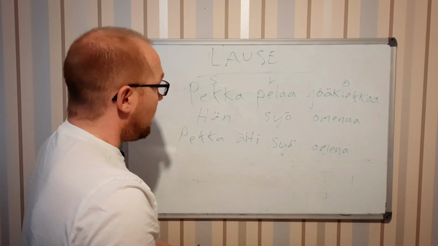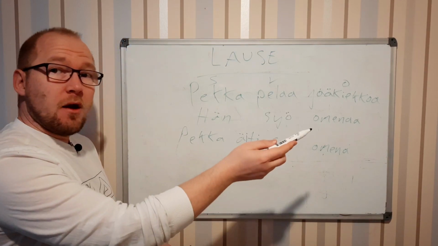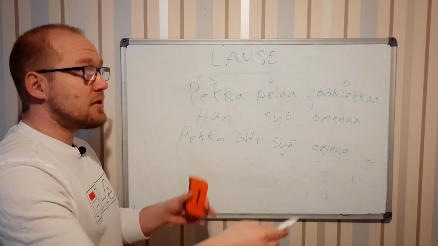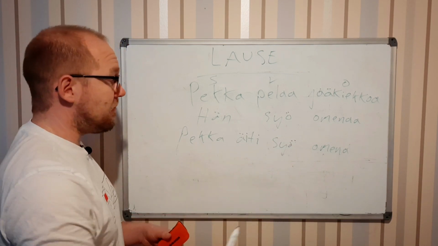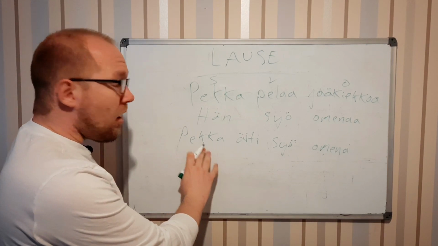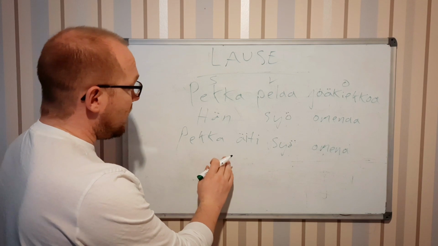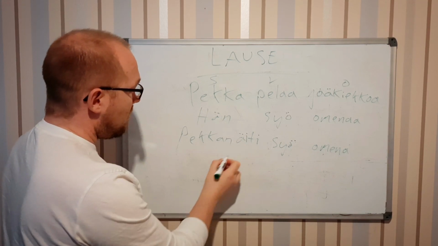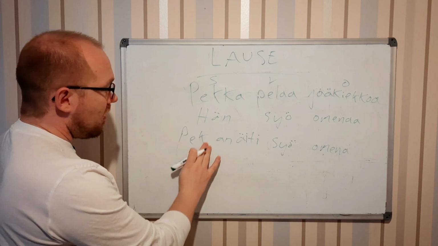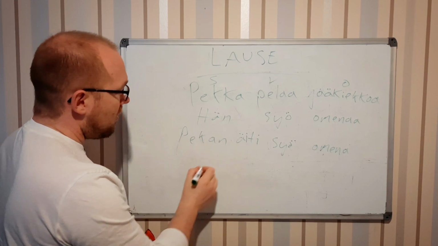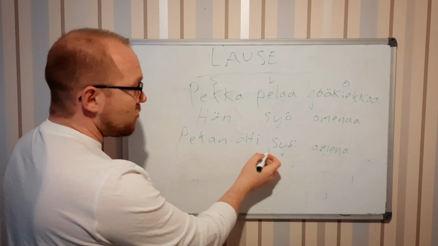Okay. If you say Pekka, äiti syö omenaa, it sounds a little bit funny, but in the context, perhaps you would understand it. So, Pekan äiti, Pekan, this way, Pekan. Pekan äiti syö omenaa.